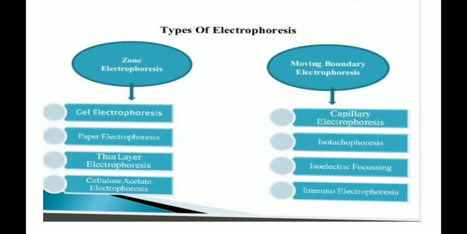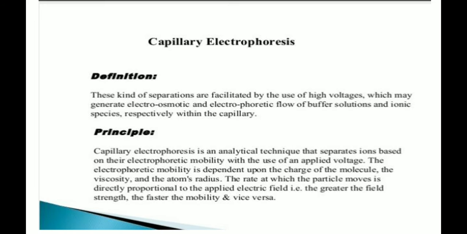The first is capillary electrophoresis, second is isotachophoresis, then isoelectric focusing and immunoelectrophoresis. In these two groups we have seen gel electrophoresis, isoelectric focusing and 2D electrophoresis, and now we are going to see capillary electrophoresis.